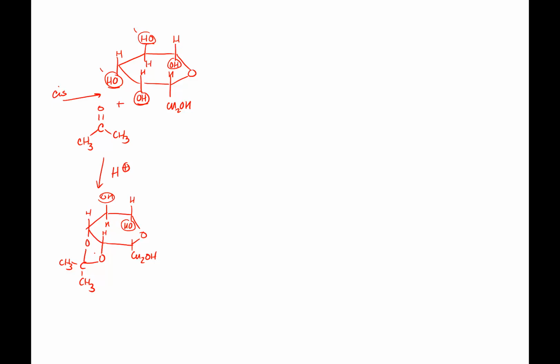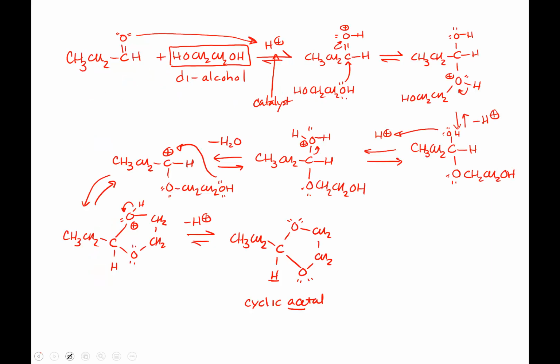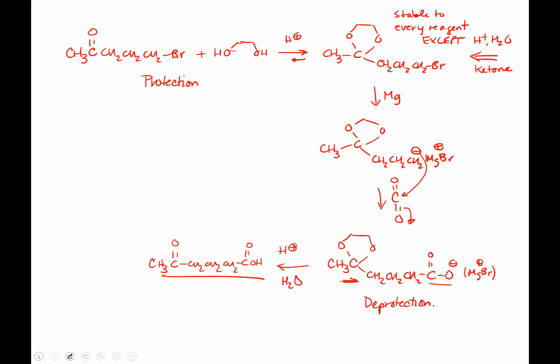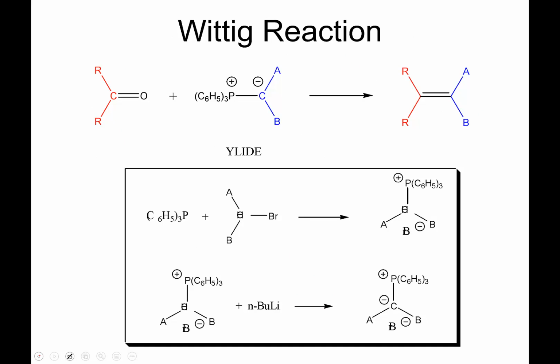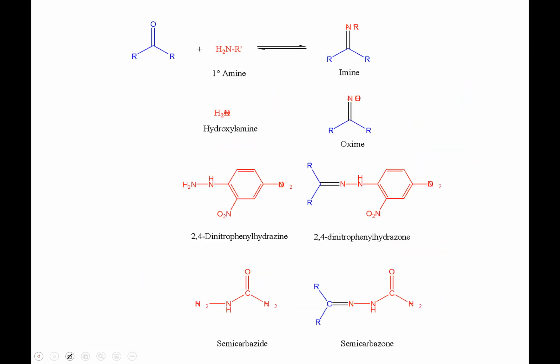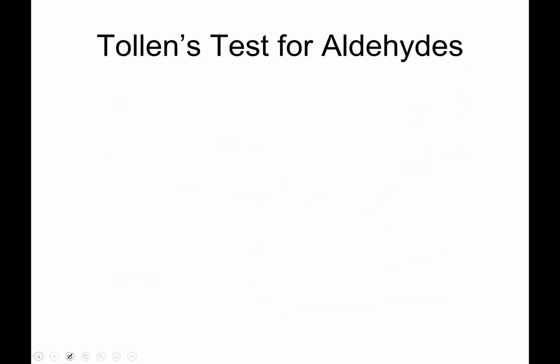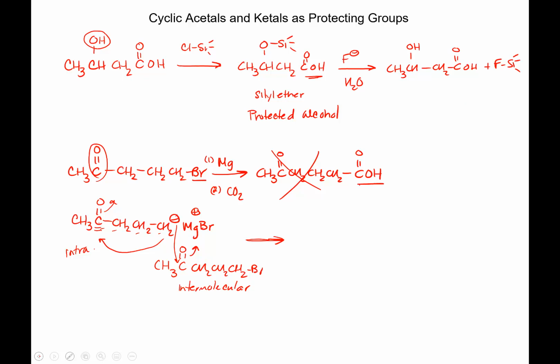So that's another example of a way to protect, but in this case I'm protecting the dialcohol instead of protecting the ketone. Okay. So the idea of doing this protection is important.